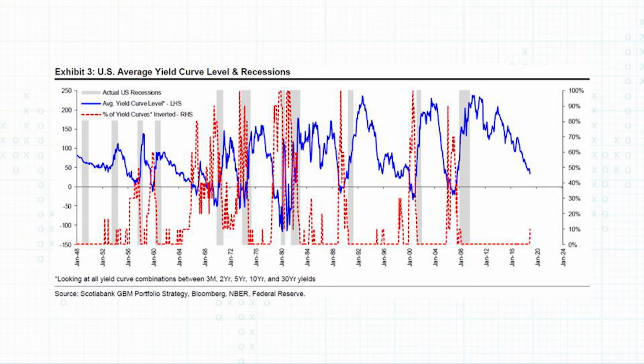Maybe looking for an inversion in the 1 month to 30 year, you're unlikely to get that, and you don't want to go from the very shortest maturity to the longest. Maybe you want to start at the 1 year and go to the 20. But depending on how you slice it, somewhere between 10 to 15% of the yield curve is currently inverted. So nowhere near those very high levels of inversion that we've seen preceding prior recessions.